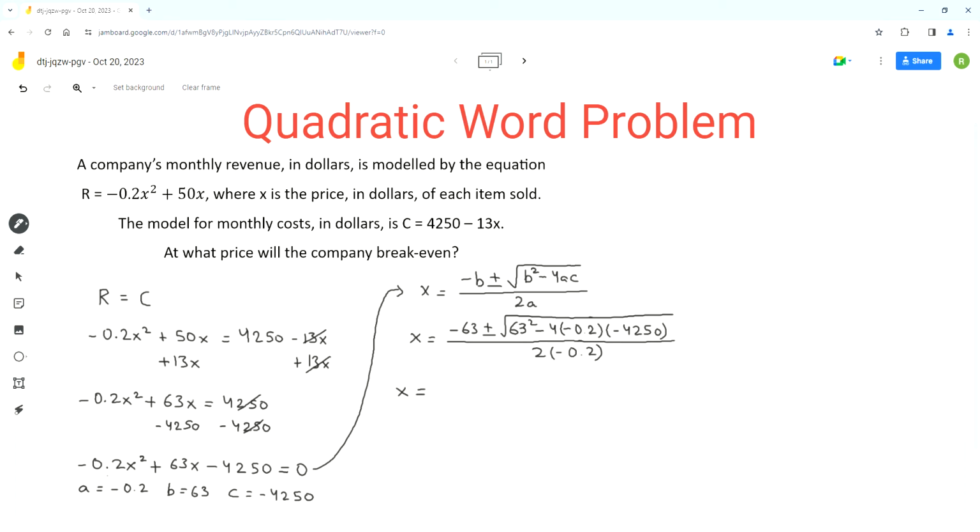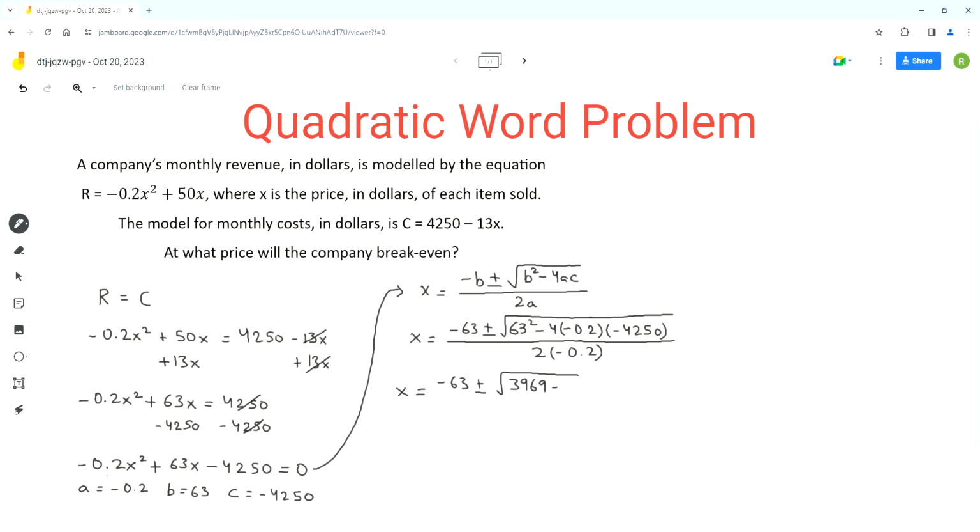So the first step is to simplify the expression under the square root. We start with the calculation 63 squared. The negative 63 stays as it is. So 63 squared is 3969. And now we have to multiply 4 by negative 0.2 times negative 4250.